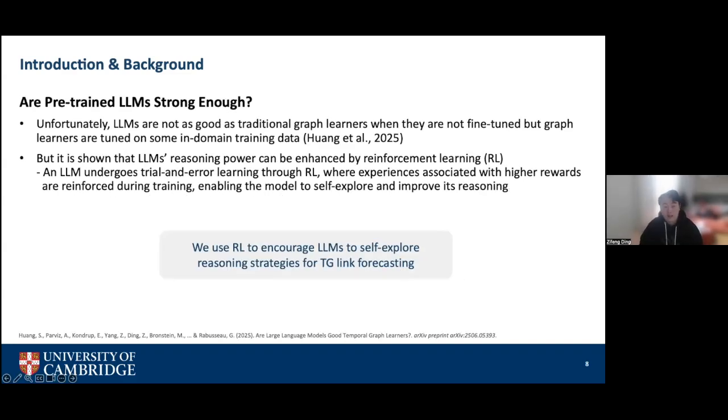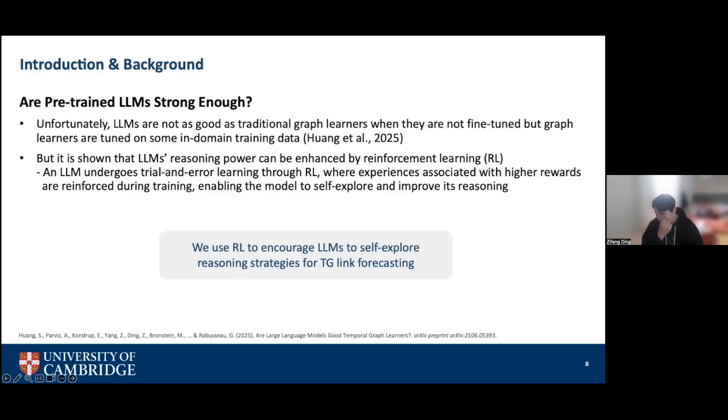And then we started to wonder, are the pre-trained LLMs strong enough? Unfortunately, they are not. LLMs are not as good as traditional graph learners when they are not fine-tuned, but graph learners are tuned on in-domain training data. Andy has also introduced some of our collaboration before, our last work.